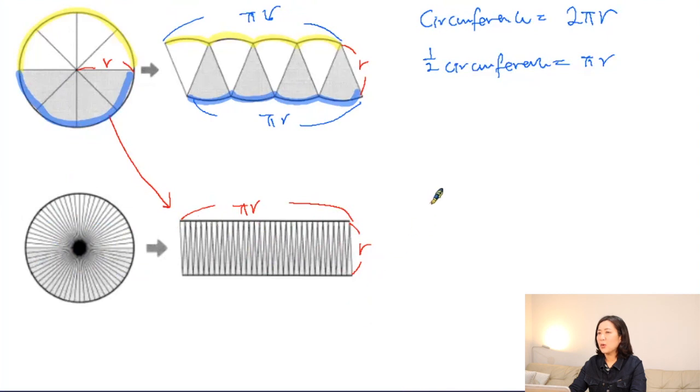All we need to do is multiply length times width, which is the area of the rectangle and also the area of the circle. Length is pi r and width is r. Finally we get the formula for the area of a circle: pi r squared. Another formula you need to remember is pi r squared.